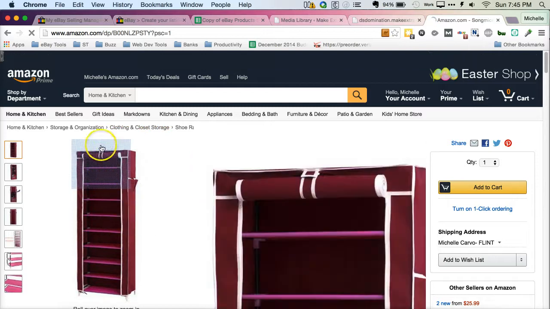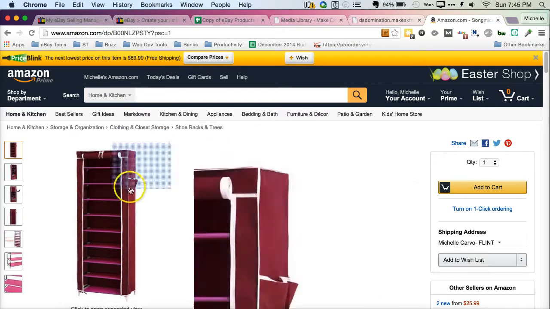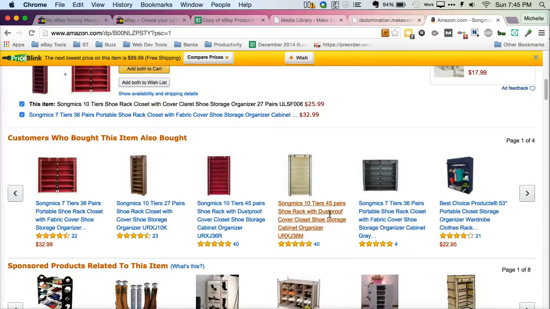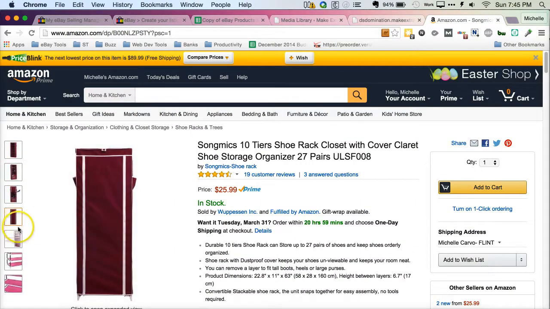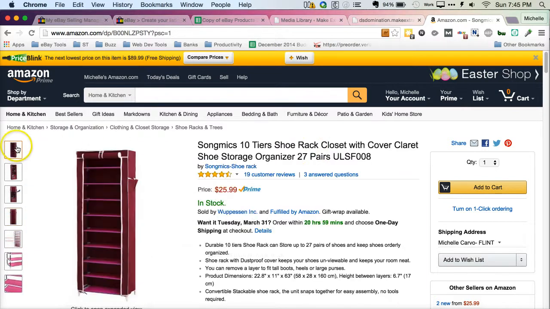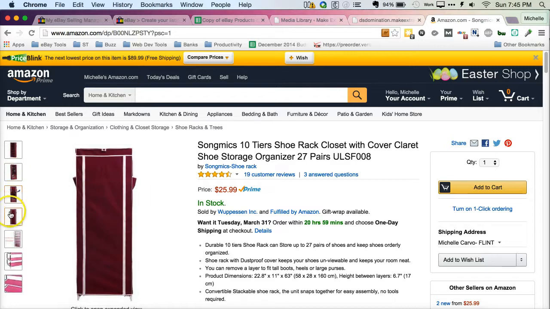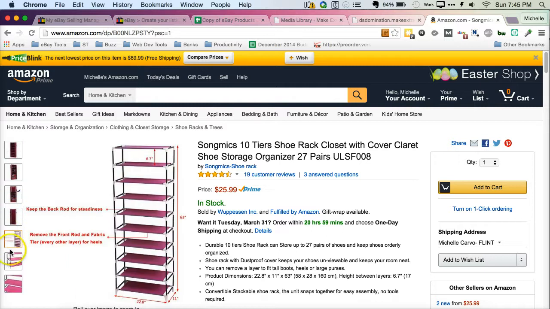This goes along with our organization theme. We can see it's pink or purple, so you're probably not going to have a lot of guys buying this. It's mostly going to be females, but that doesn't really matter. Everybody wants to keep track of their shoes, so that's a good unit right there.